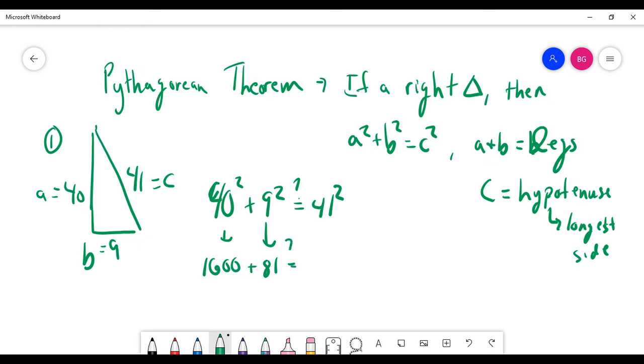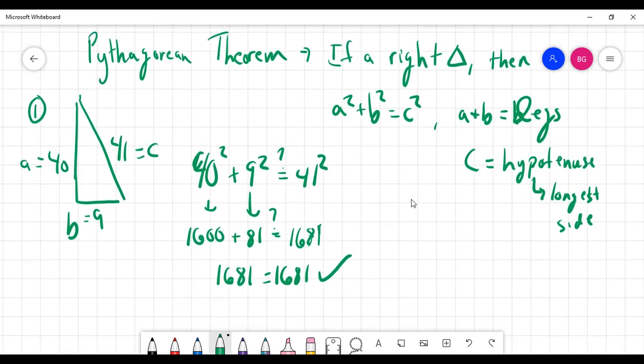And that's equal to, that's the question here again, 41 squared. If you don't know what that is, just type it in the calculator. 41 squared is 1,681. So then we're just going to add these up. We're going to have 1,681 equals 1,681. And that is correct. It works.